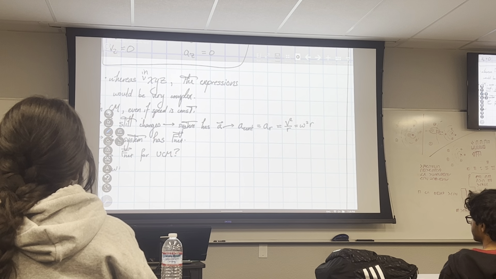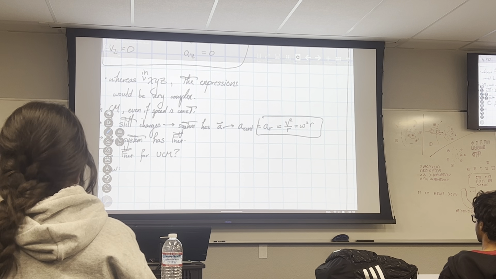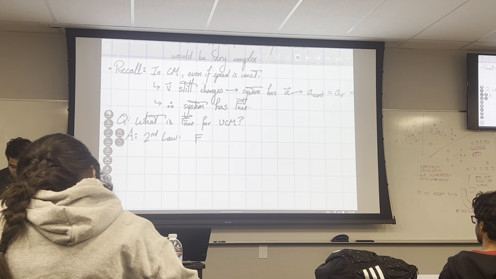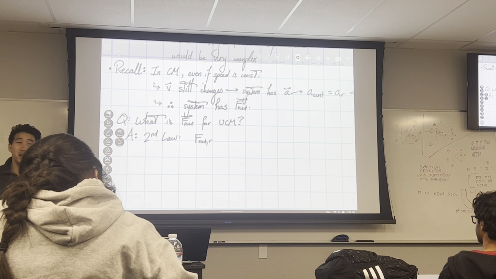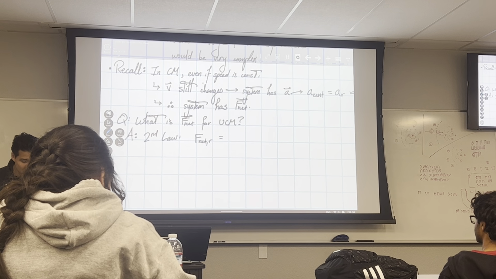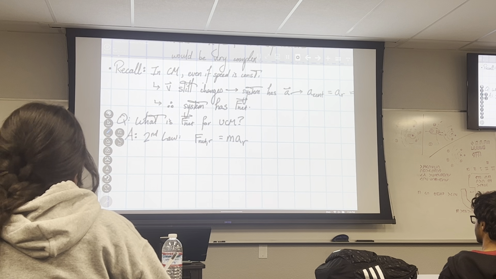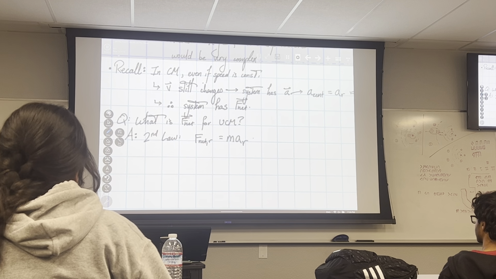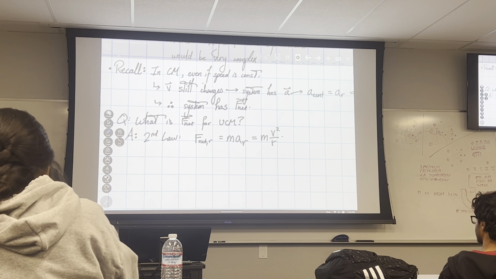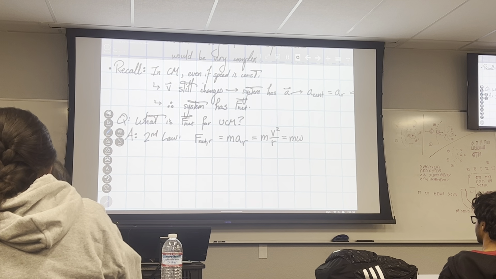So in uniform circular motion, the force is in the radial direction. So you want to do the force balance in the r direction. This is going to be mass times the acceleration in the r direction, which is equal to mass times v squared over r, or mass times omega squared r.